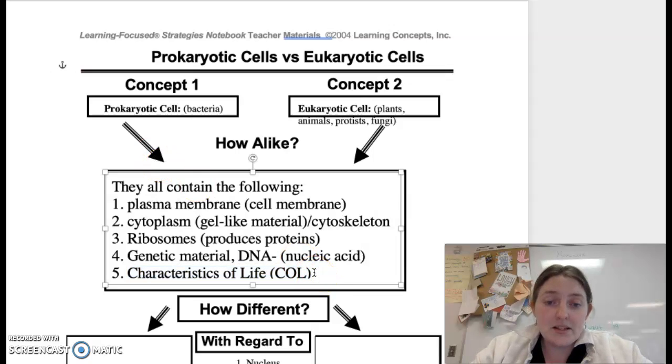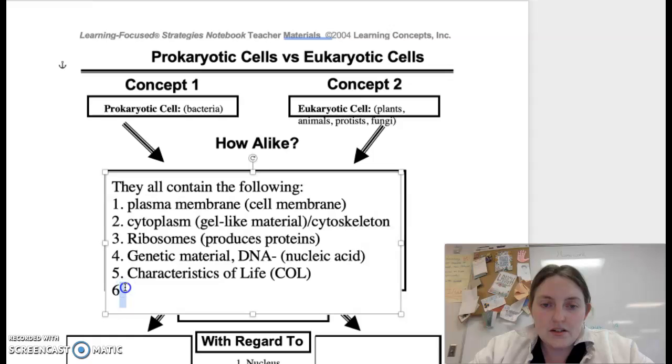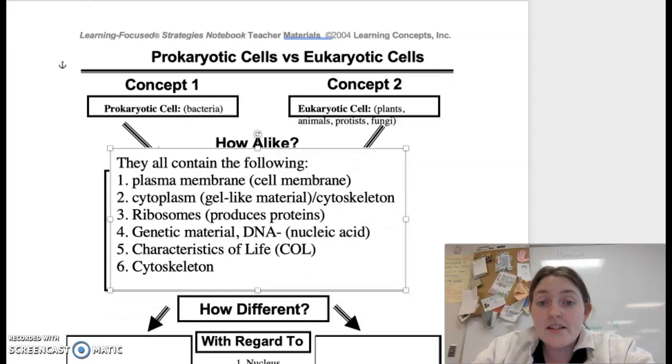Now, I'm going to add one at the bottom here because I realize I don't have this one, and I'm very sad about that. They also all contain cytoskeleton. So they are alike in numerous ways, and these will be the same for every single cell.